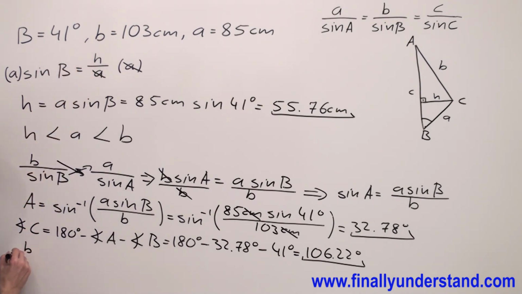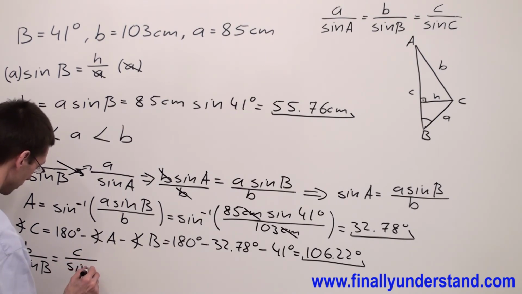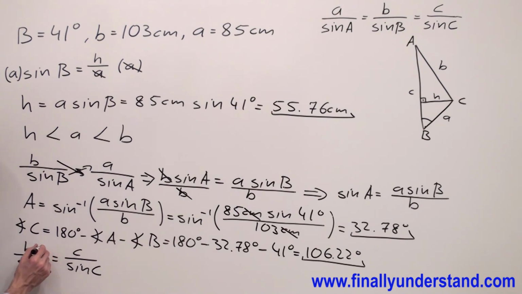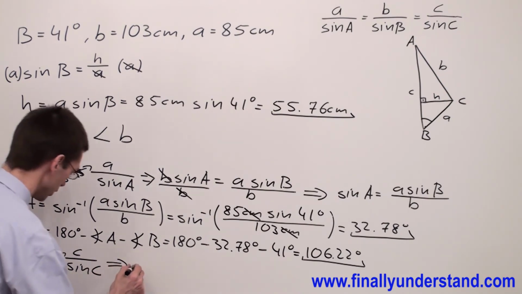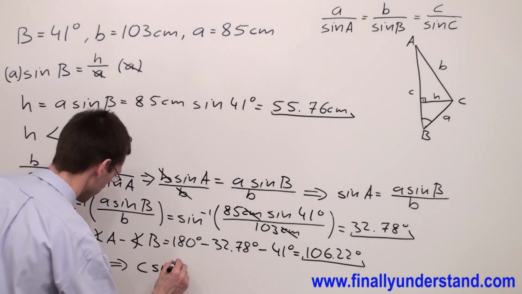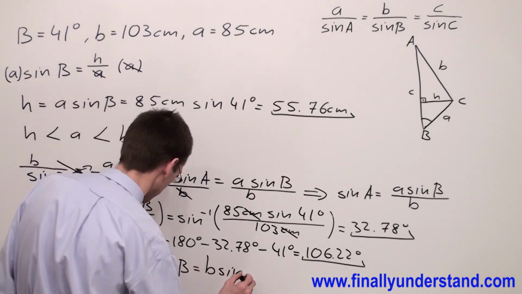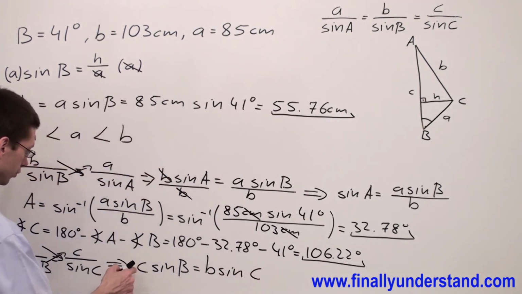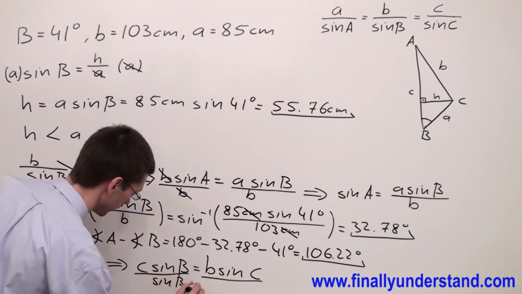So I have B over sine of angle B equals, because I'm looking for side C, C over sine of angle C. Again, we're supposed to perform the cross multiplication, and we will obtain C sine of angle B equals B sine of angle C. In order to find C, I'm supposed to divide both sides of my equation by sine of angle B.